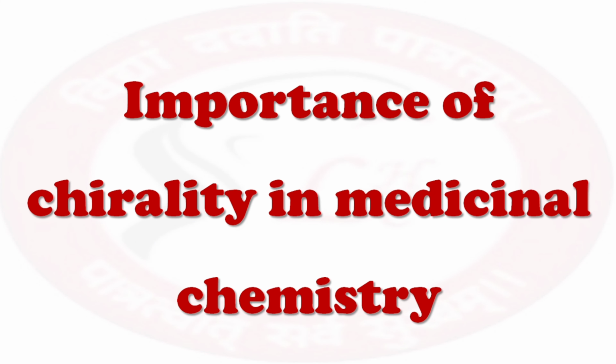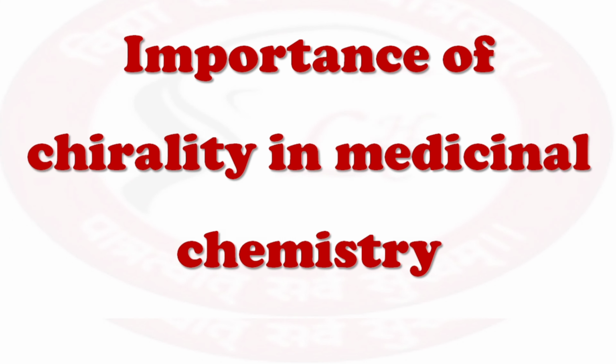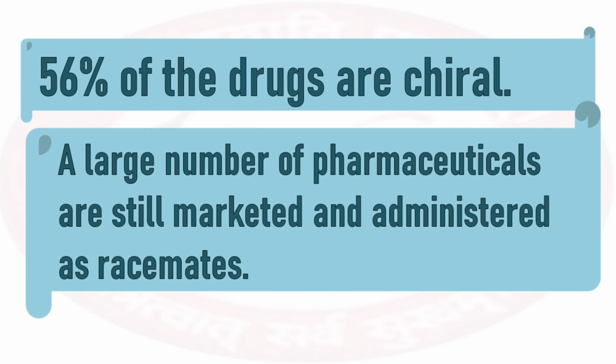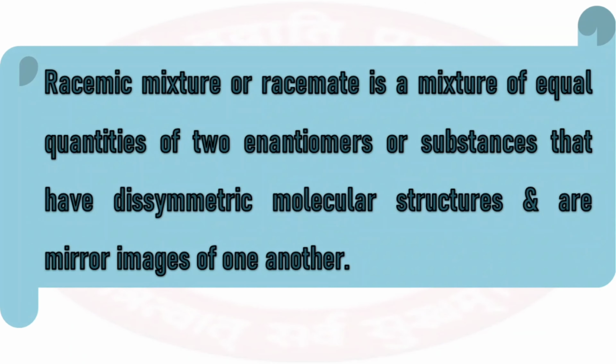The importance of chiral drugs in the drug development space cannot be understated. 56% of the drugs currently in use are chiral molecules, and 88% of the last ones are marketed as racemates. Racemate means racemic mixture, means 50% of dextrorotatory and 50% of levorotatory compound.